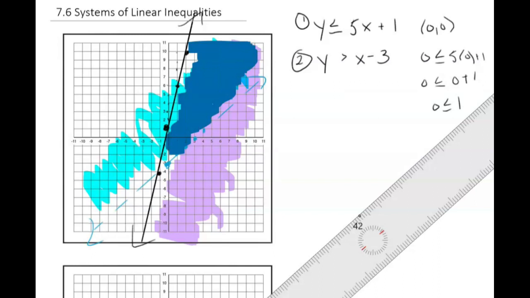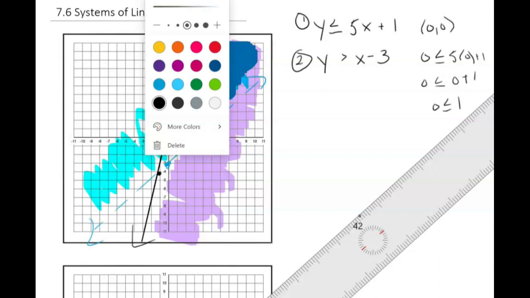When you graph these, again, this would be a time to use multiple colors. It might help you organize the information, but make sure you really emphasize where that solution is. So what we're saying is that if you pick any point inside this dark purple, that point is going to make both inequalities true.